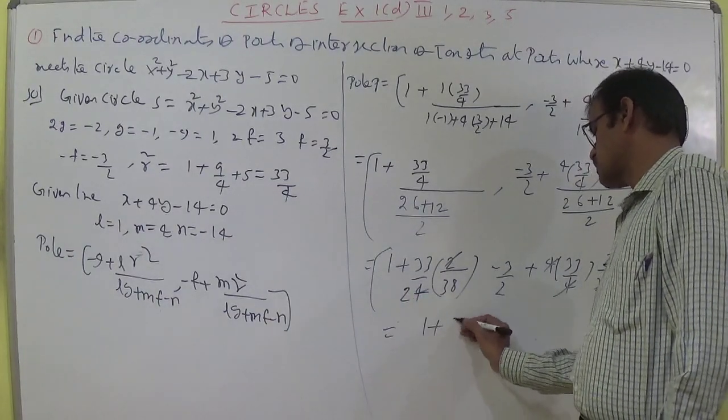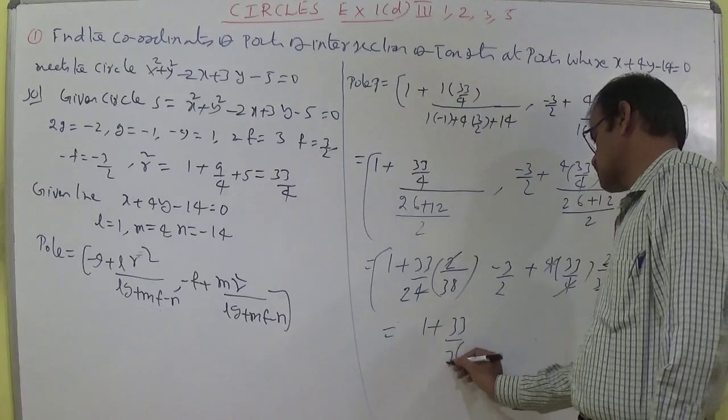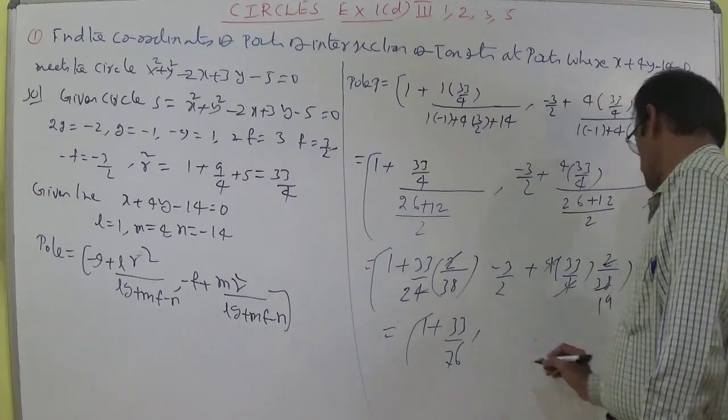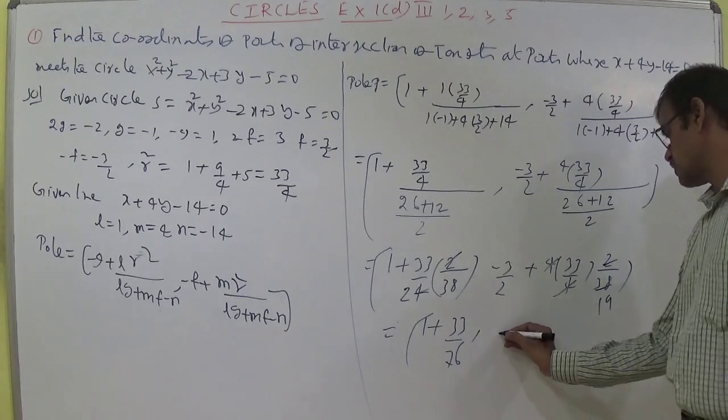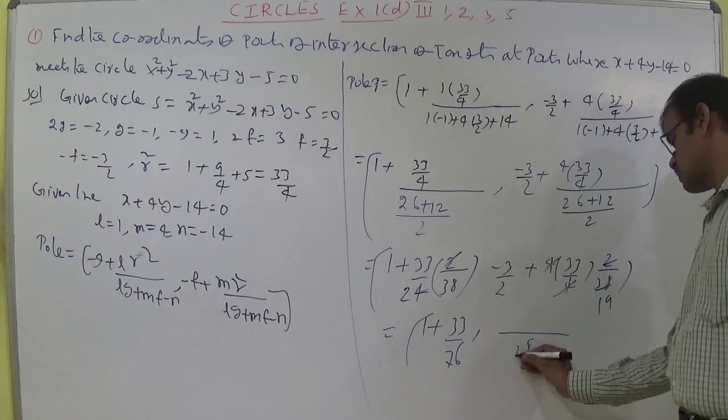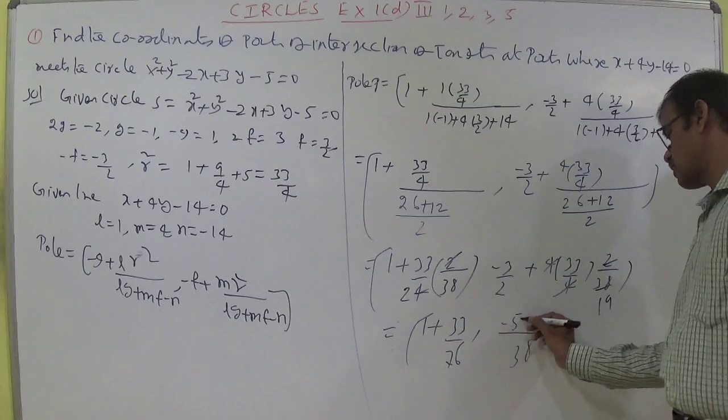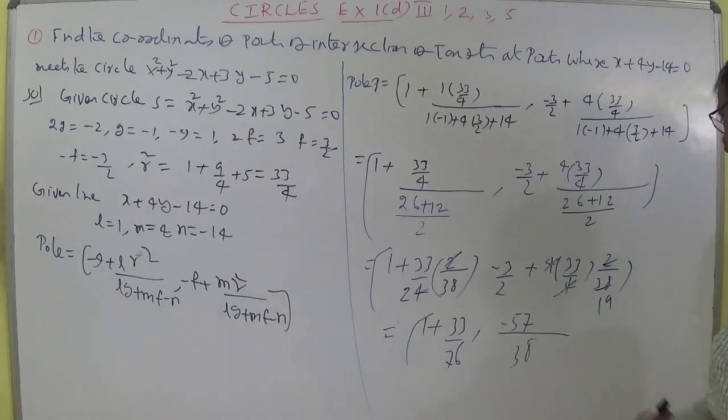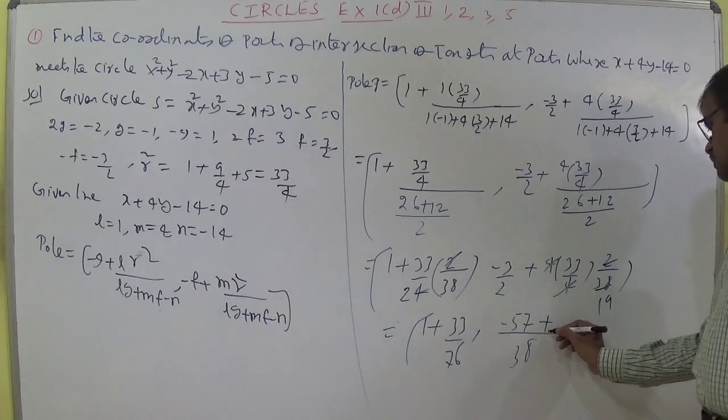1 plus 33 by 76, comma, here take an LCM, 19 and 2 LCM is 38. So here you can write 19 into 3 minus 57 plus 33.